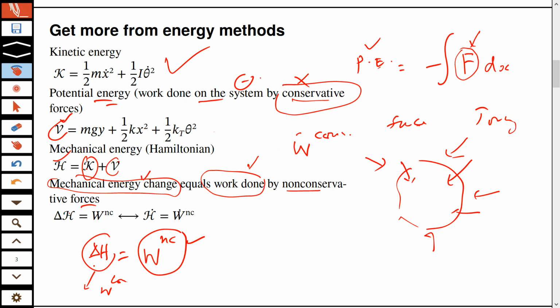And if you divide both by a small time, you can have a nice relationship that the rate of change of this mechanical energy is actually equal to the rate of change of work, and rate of change of work is power. So we can have this relationship. Now, how does this help?